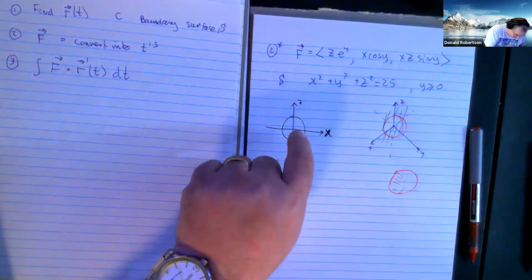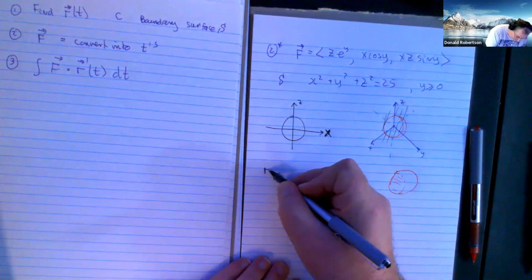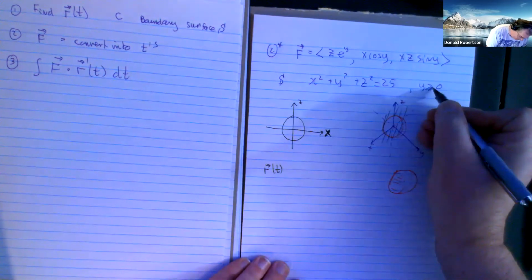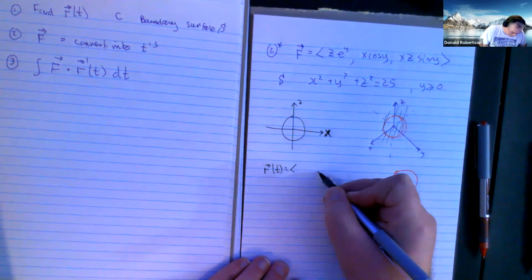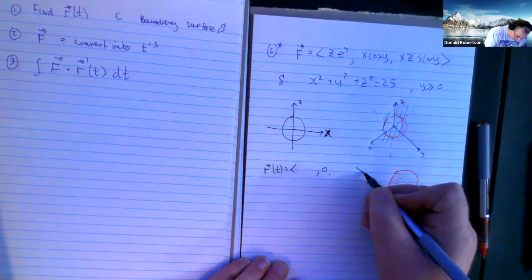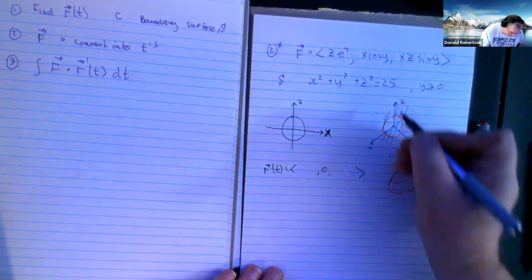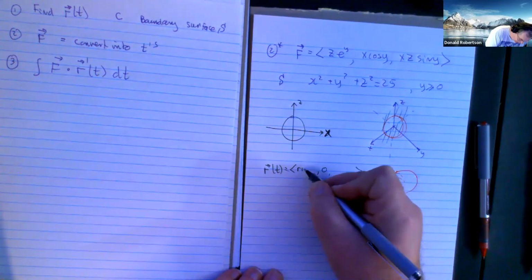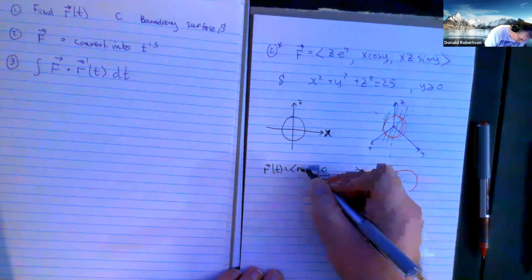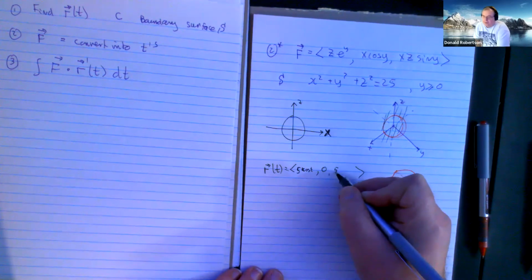Parametric equation. Y is 0. So something, 0, something. It's still a circle, and the circle is x squared plus z squared is 25. So that's going to get me a 5 cosine t and a 5 sine t. Are you comfortable with that?